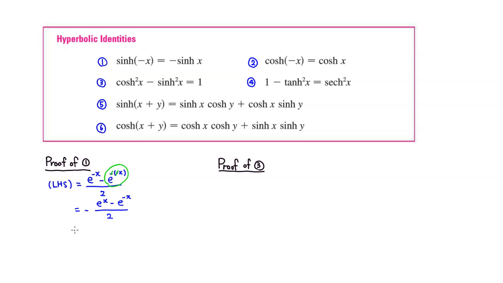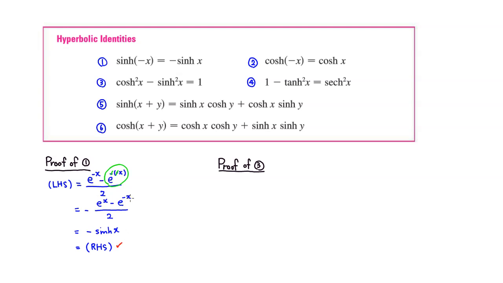Which is the definition of negative hyperbolic sine of x, which is the same thing as the right-hand side of the equation.